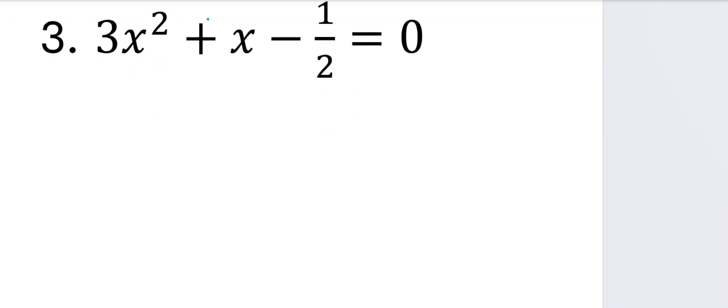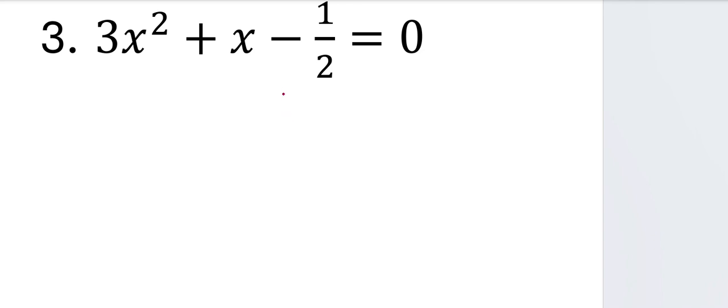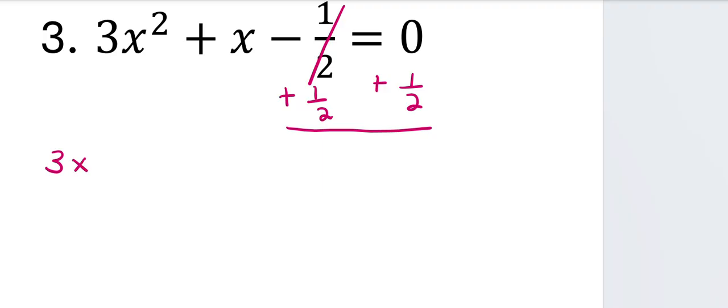So again, in step 1, we are going to move the C term. Let's keep changing the colors. We are going to move the C term to the right side. This cancels. So I have 3x squared plus x equals 1/2.